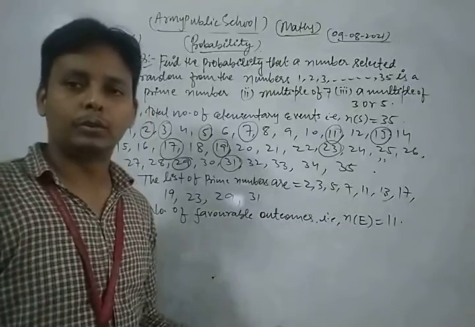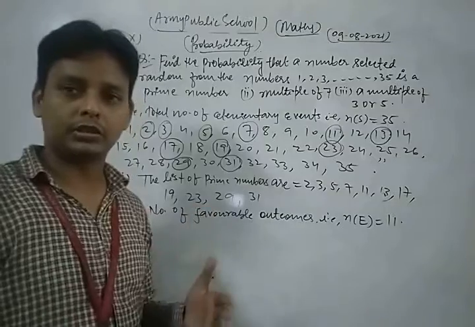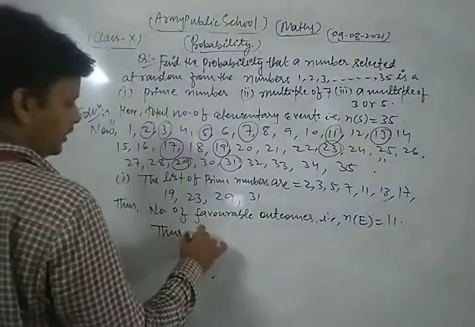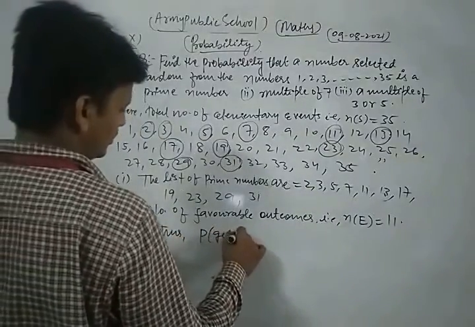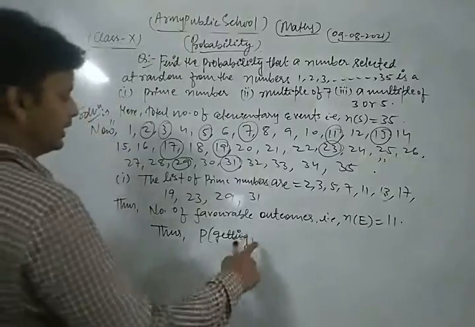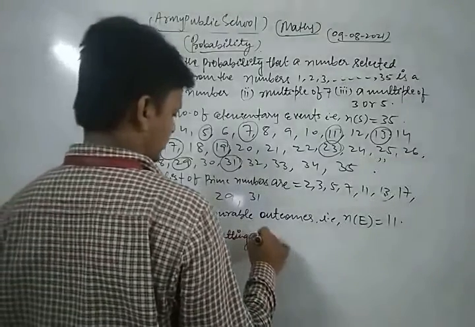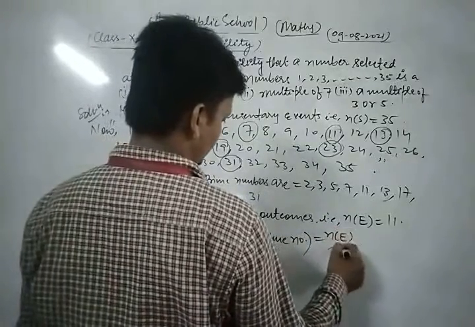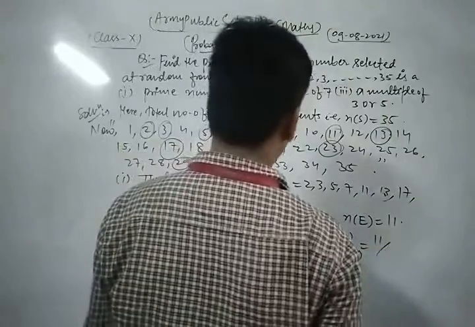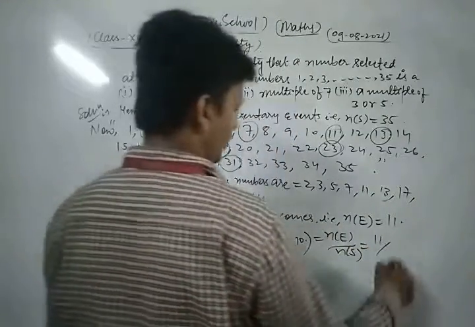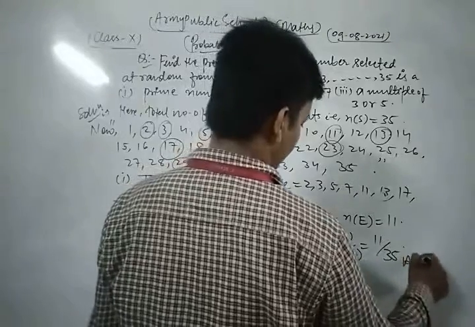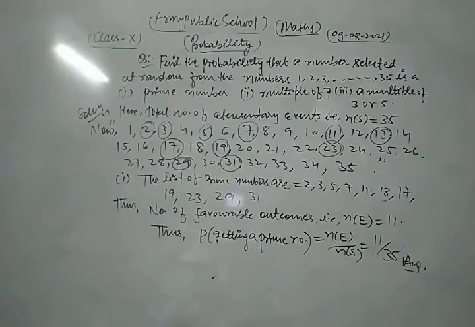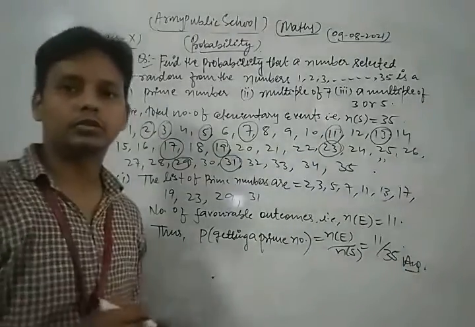So the number of favorable outcomes associated with that event is 11. Thus the probability of getting a prime number is n(E) upon n(S), 11 upon 35. This is the required solution of the given question.